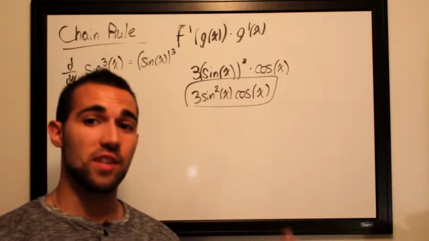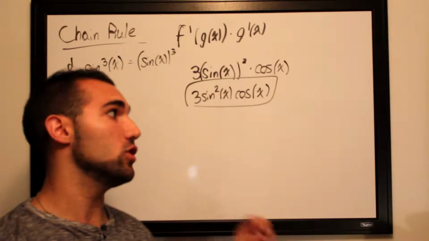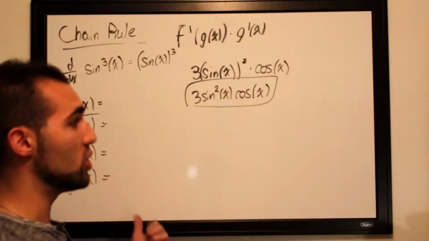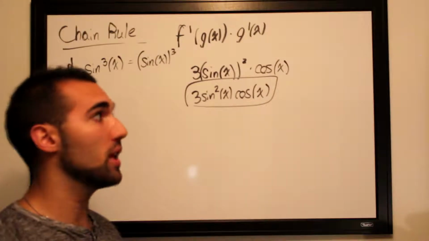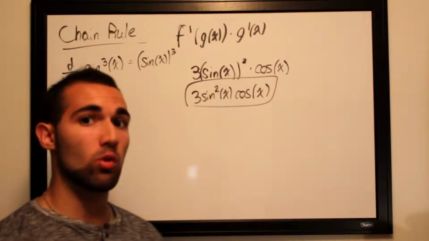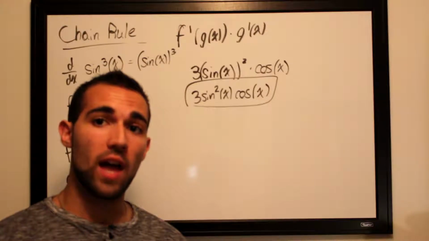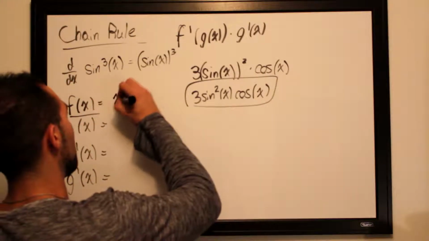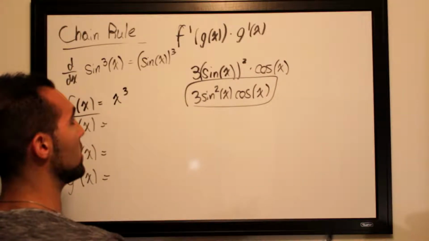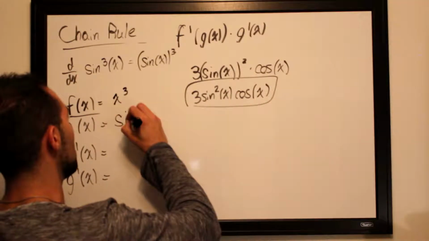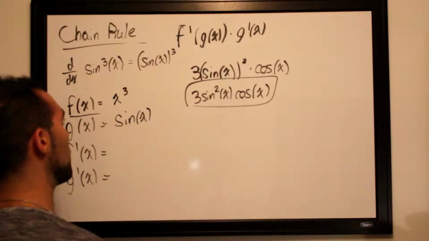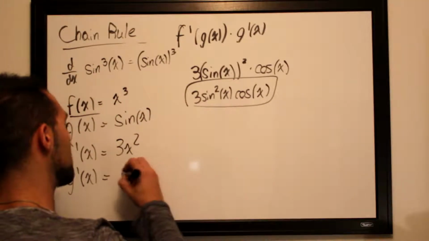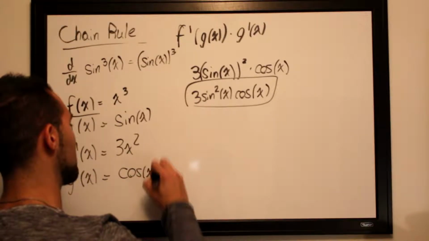And if you don't trust the power rule extension, go ahead and do it the long way, where we split it up into f of x, g of x, f prime, and g prime, and then we plug everything in its place. Essentially, our outer function will be x to the third, because we will have sine of x trapped within an x to the third function. So our f is x to the third, our g of x is sine of x, our f prime of x is 3x squared, and our g prime is the derivative of sine, which is cosine of x.